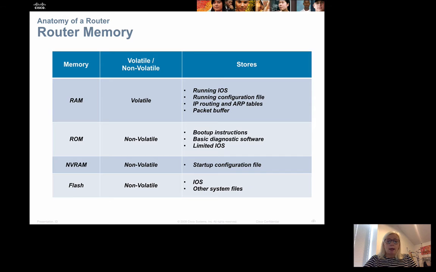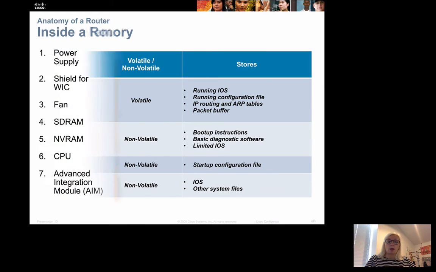We have the NVRAM, which is also non-volatile, which will keep the information when we power off the device. Here we will find the startup configuration file. And then we have the flash, which is also non-volatile, where we save the operating system and other system files.